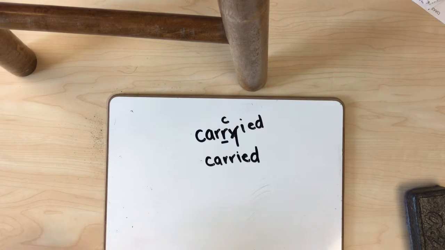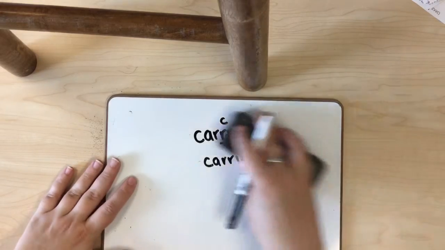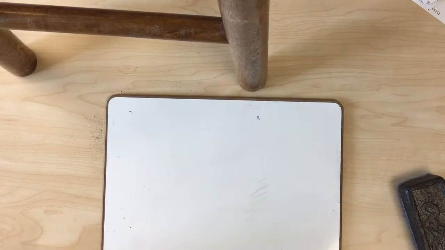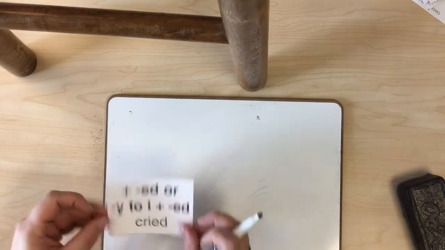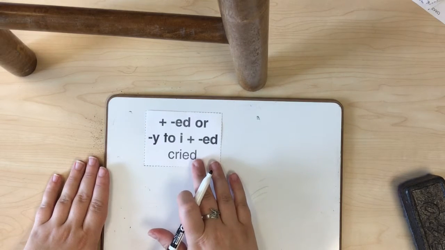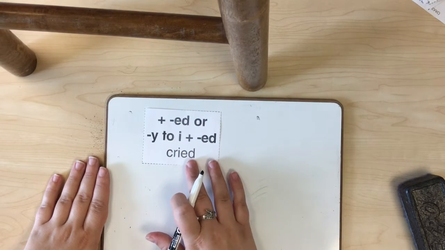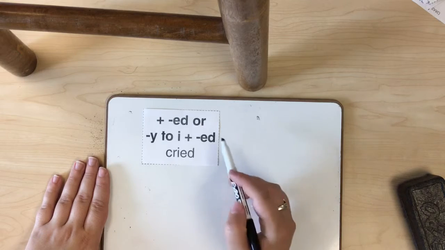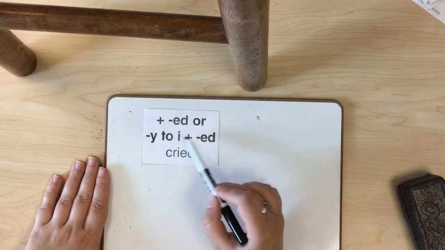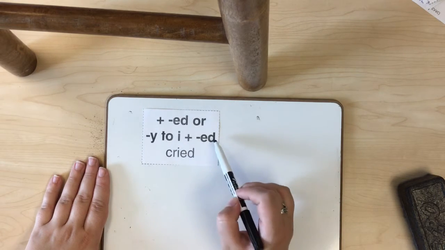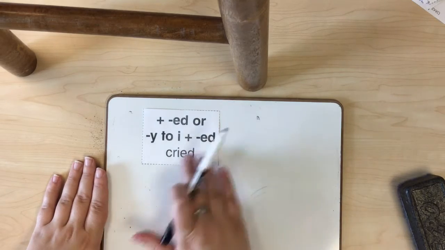Okay, so if you notice, when we look at our spelling patterns, if you add an ed to the word that ends in a Y, you have to change the Y to an I and add an ed.